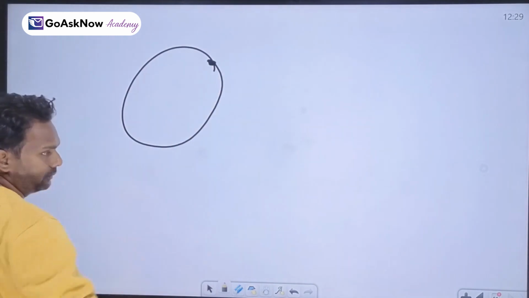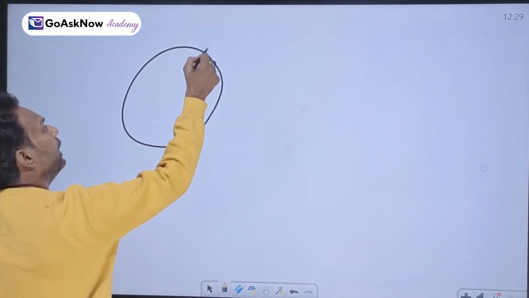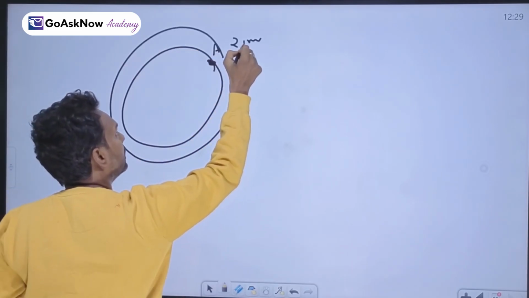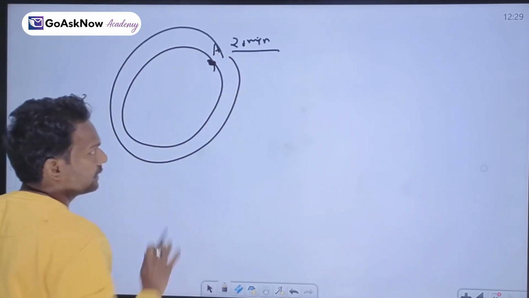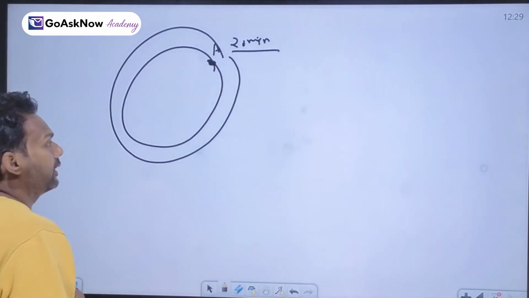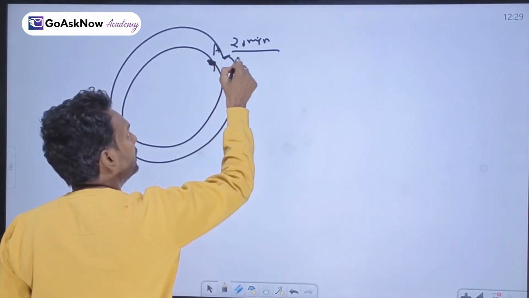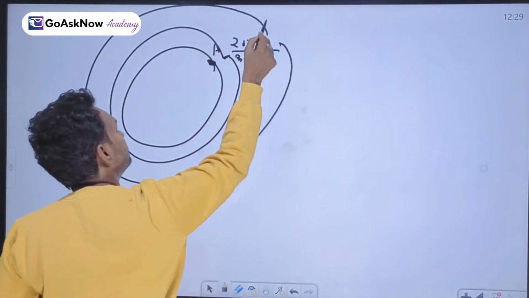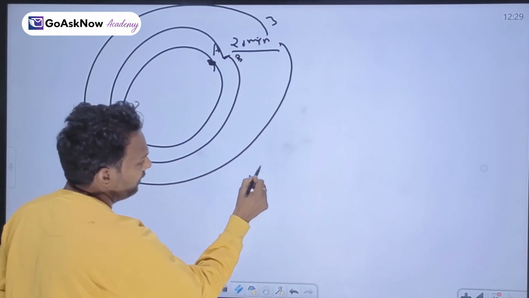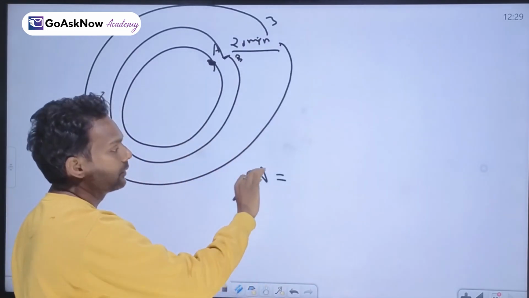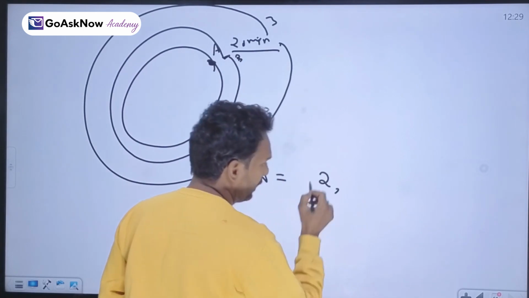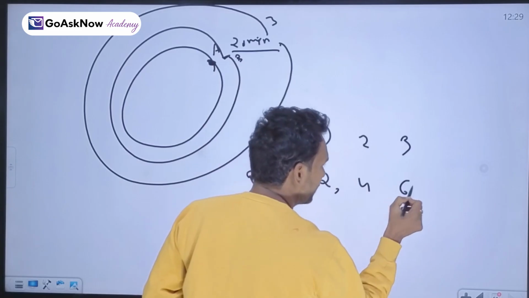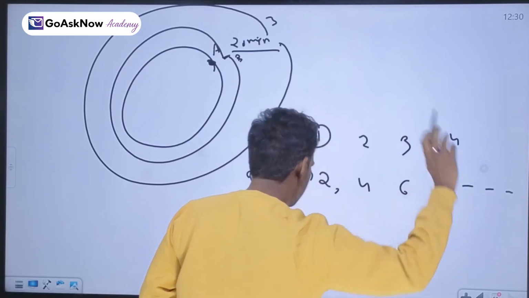Suppose this is a circle and a boy A takes 2 minutes to cover this distance. Another boy B takes 3 minutes to cover it. So A will complete one round in 2 minutes, the second round in 4 minutes, the third round in 6 minutes, the fourth round in 8 minutes, and so on.